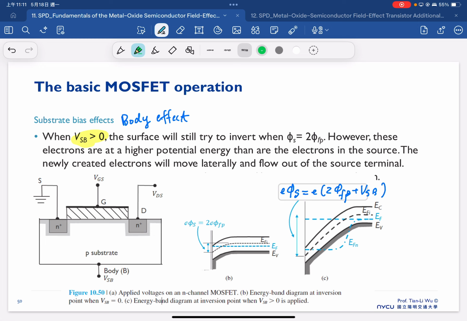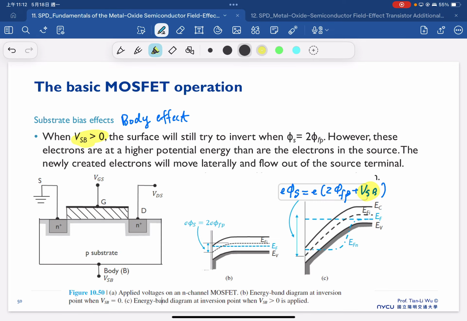So that's the main difference between the substrate without bias and with bias. With bias, we have to consider this will influence our surface potential as shown here.